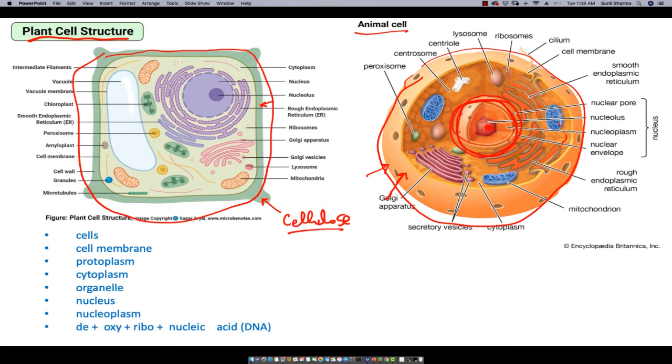But inside this, what we have is protoplasm. So protoplasm is in here, helping to build all these what we call organelles, and there are functioning organelles in there.